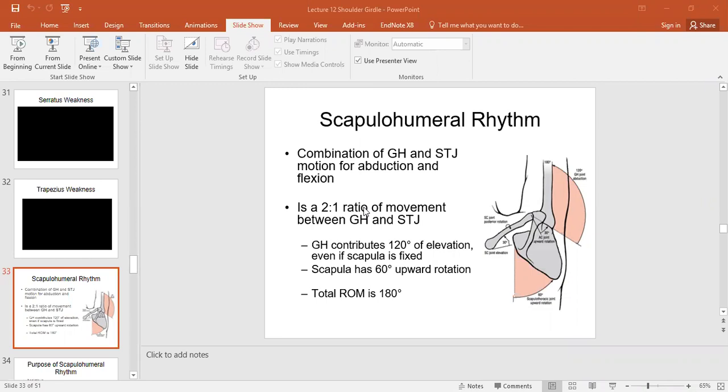The ultimate purpose of this is to direct the glenoid, direct the arm where we want it to go. So even as basic as throwing a spear to kill a mammoth, right? It goes all the way back to Neanderthal days. This is not just something that we have developed because we want to throw a baseball, right?